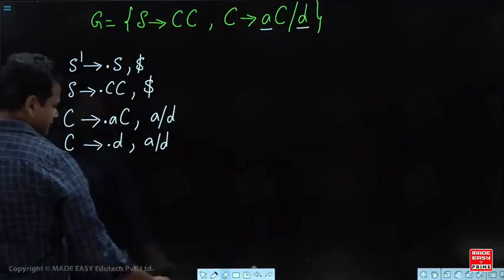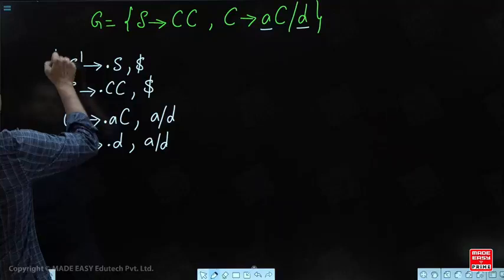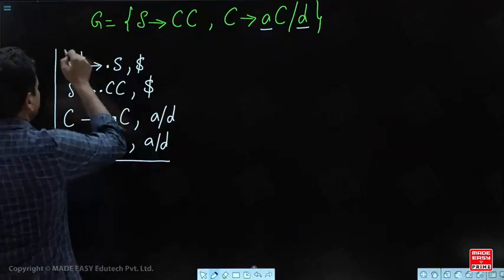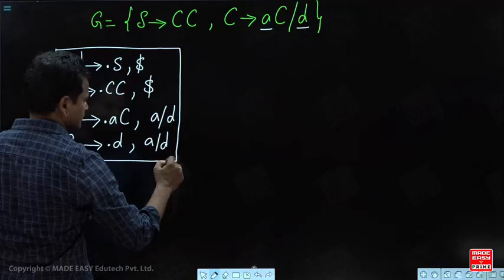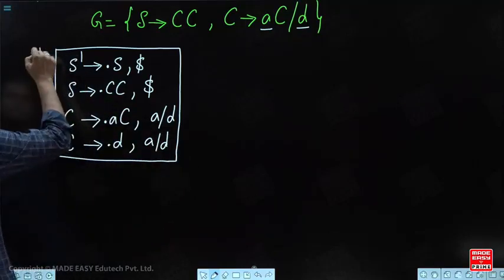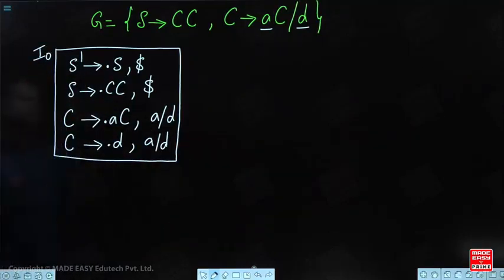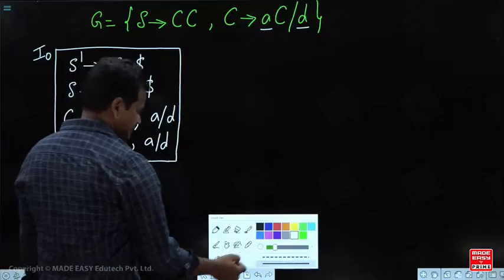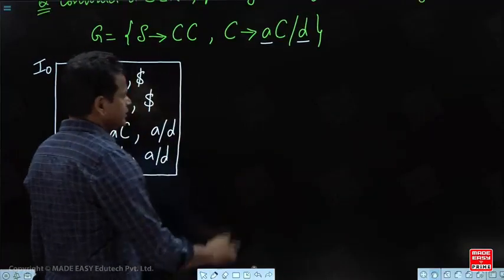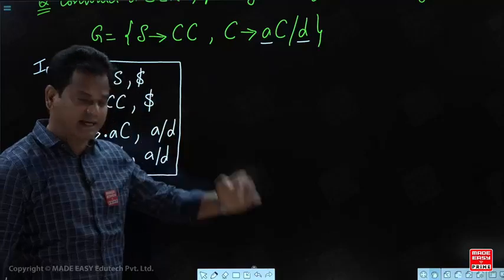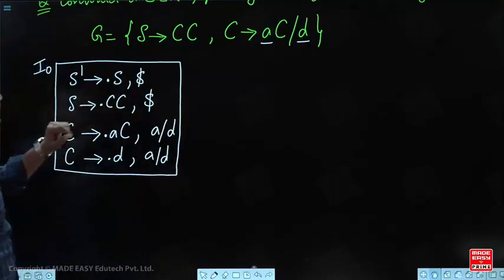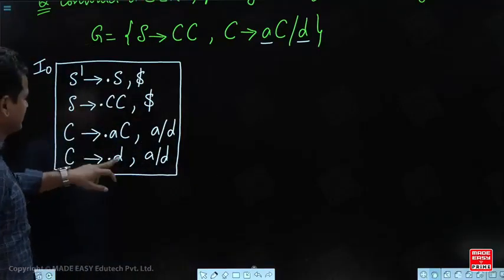So close this one, and name this as I naught. Now we write the goto for every shift symbol in I naught. That is I naught comma S, I naught comma C, I naught comma A, I naught comma D.